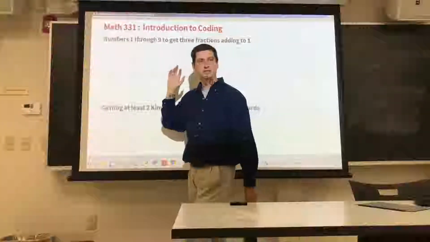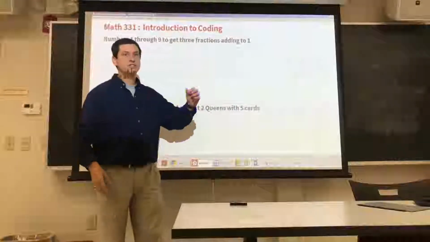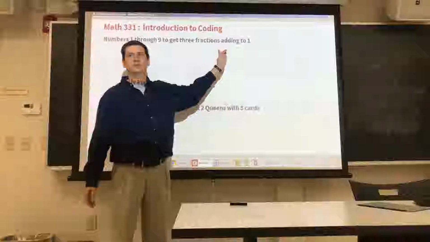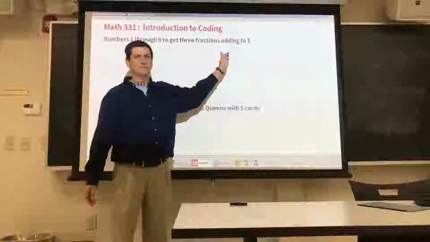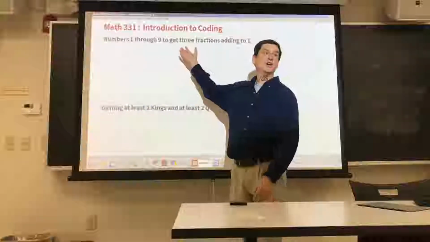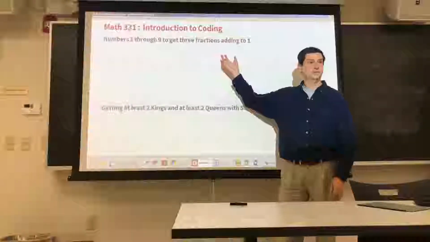In the 3 fractions, without loss of generality, I could say either the number 1 or the number 9 is in the first fraction. Why? Why can I assume the first fraction has either a 1 or a 9?